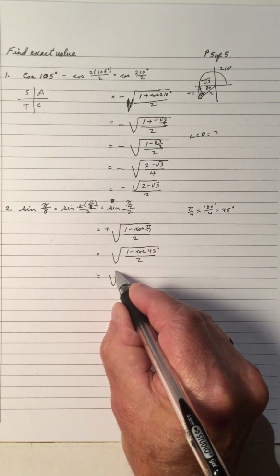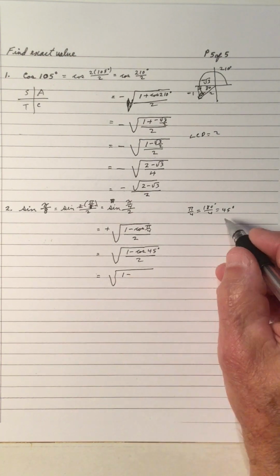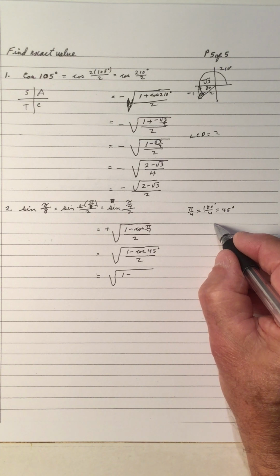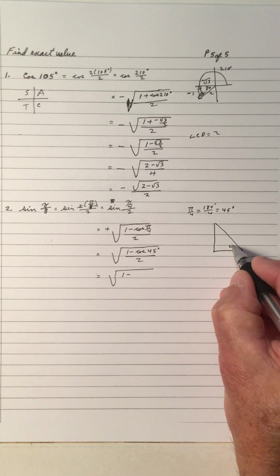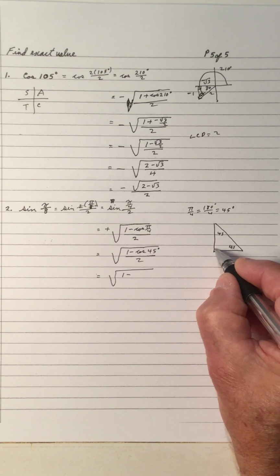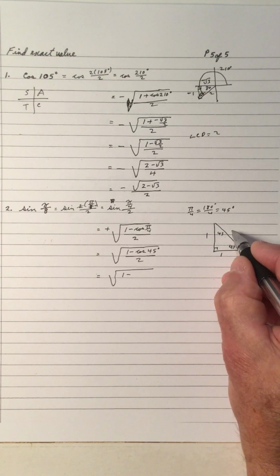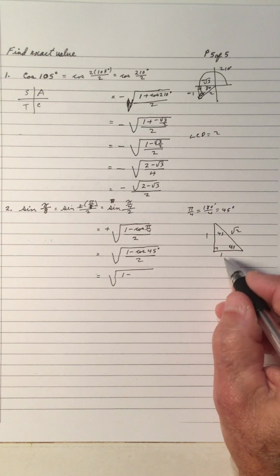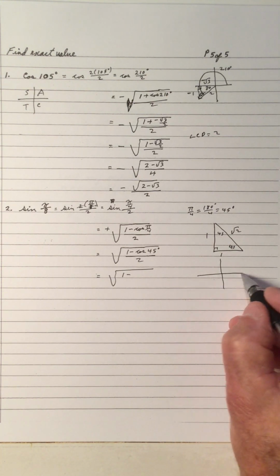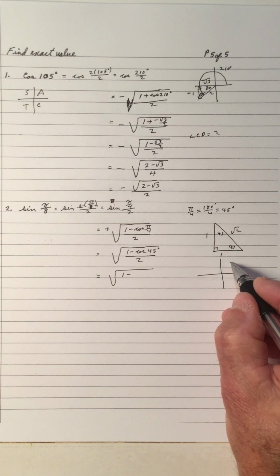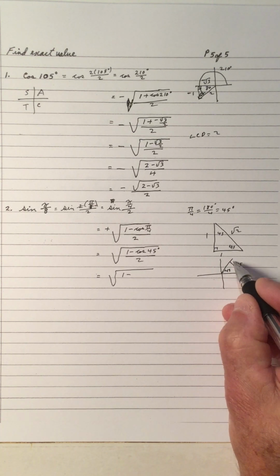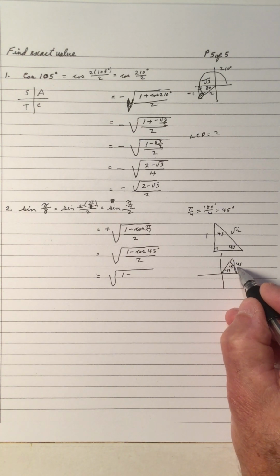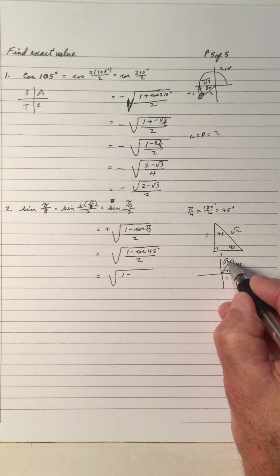So it's 45 degrees. On the circle, 45 degrees is right here. So when I do that rotation, I get a 45, 45, 90 triangle with sides 1, 1, root 2.